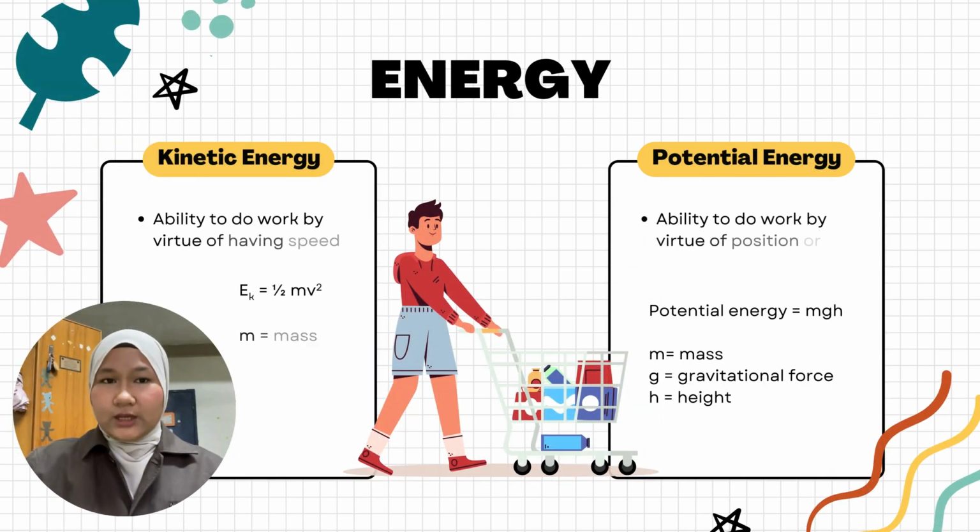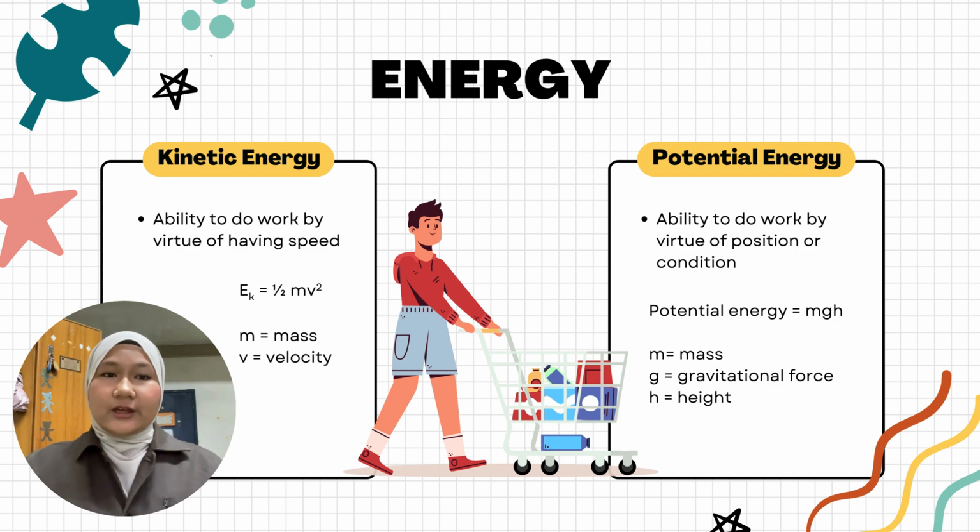Now, energy. We have kinetic and potential energy. Kinetic energy is the ability to do work by virtue of having speed. The formula for kinetic energy is kinetic energy equal to 1/2 mv squared, where m is mass and v is velocity.